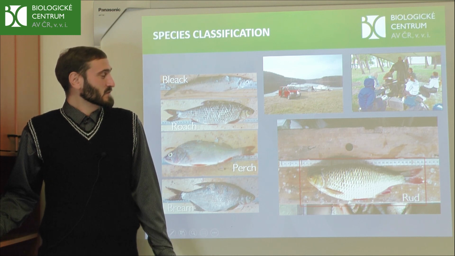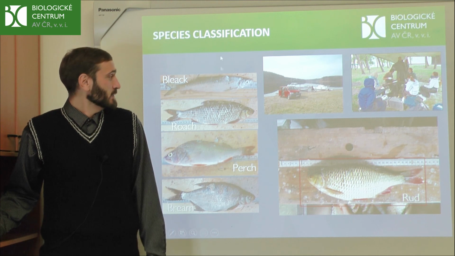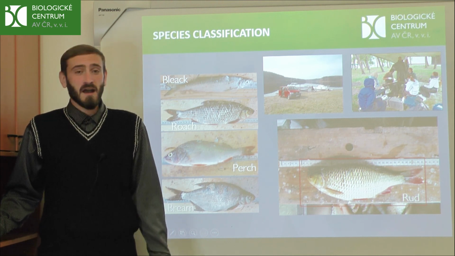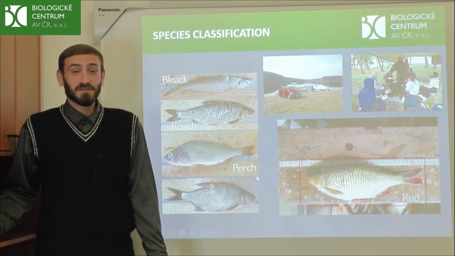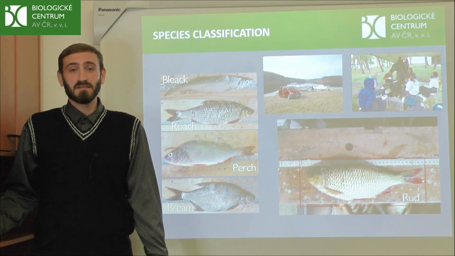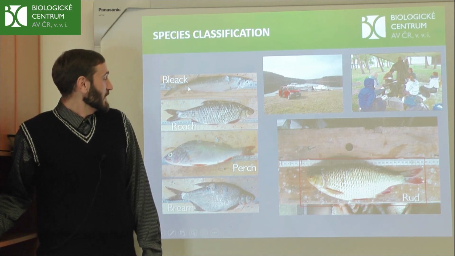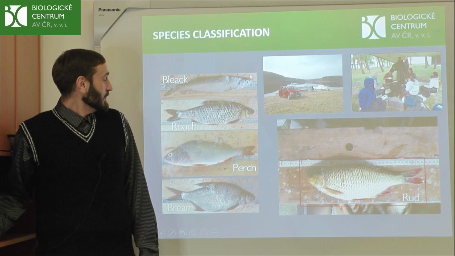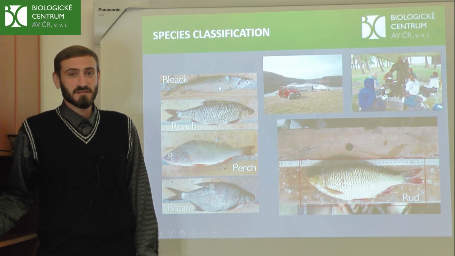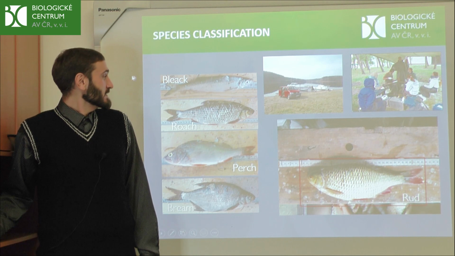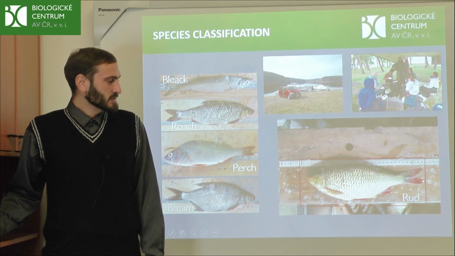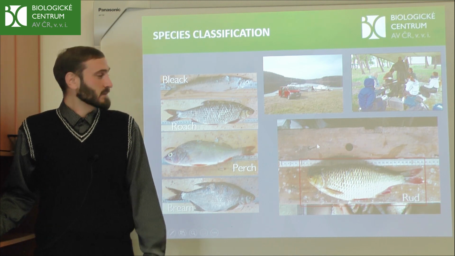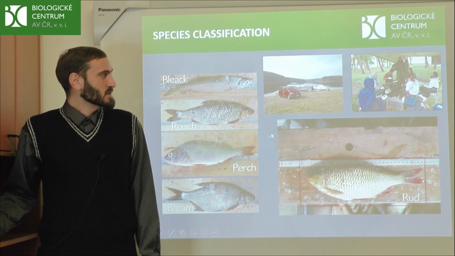First you need to put nets in the water at the lake, and afterwards you take all the fish, and you need someone who will classify them. On the screen you can see photos of the most abundant species in the Czech Republic: bleak, roach, perch, bream. Sometimes you also see rudd, and there are many more, but these are the most important.